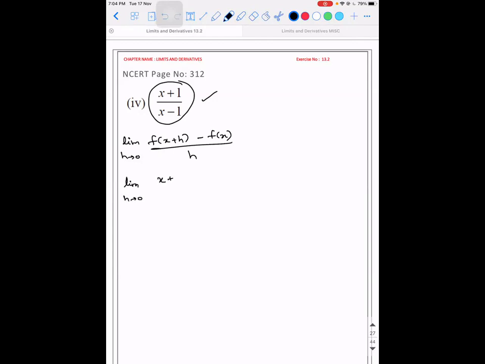F of x plus h means x plus h plus 1 divided by x plus h minus 1 minus of x plus 1 by x minus 1, the whole divided by h.